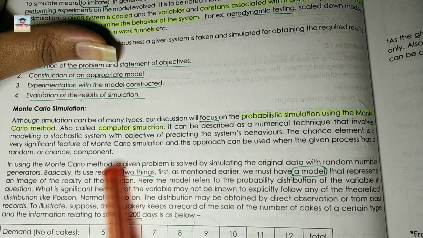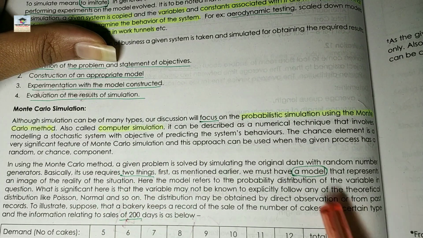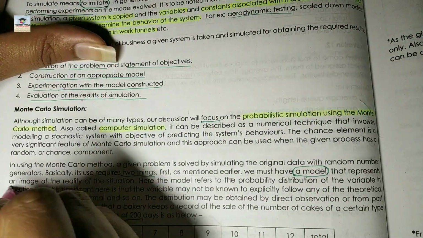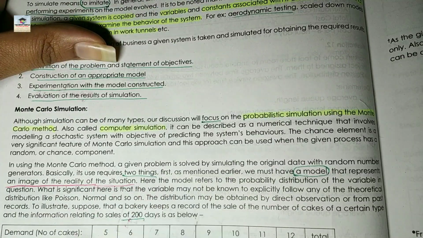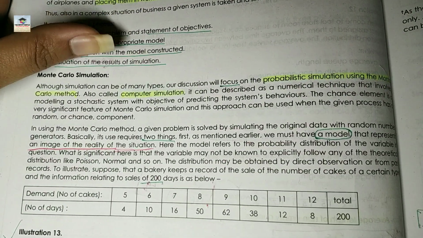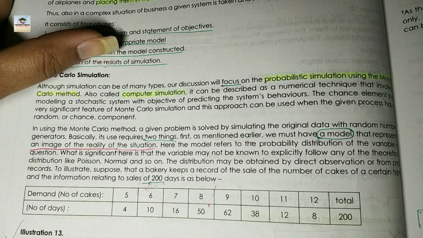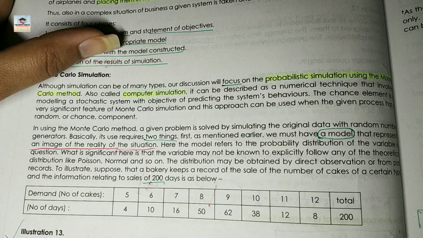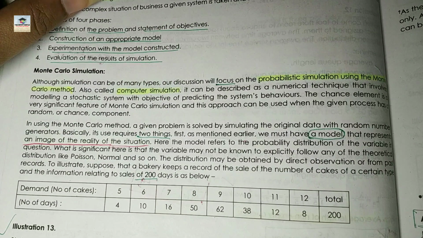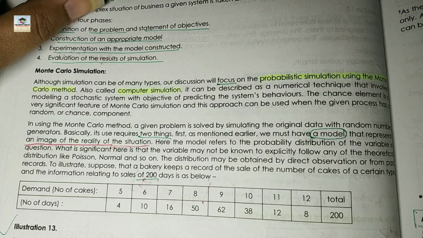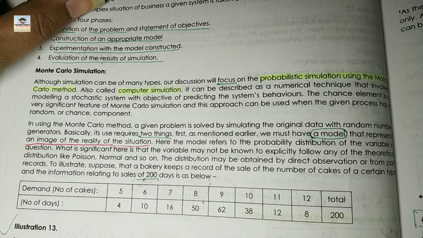Right. So basically you need two things here. The first one is that you must have a model that represents an image of the reality of the situation. Obviously, as I said, if we are observing customer behavior for our new drink, then for that we need to provide the customer with an artificial shop kind of environment. Similarly, here it says you must have a model that represents an image of the reality of the situation, right? Here the model refers to the probability distribution of the variable in question, right?